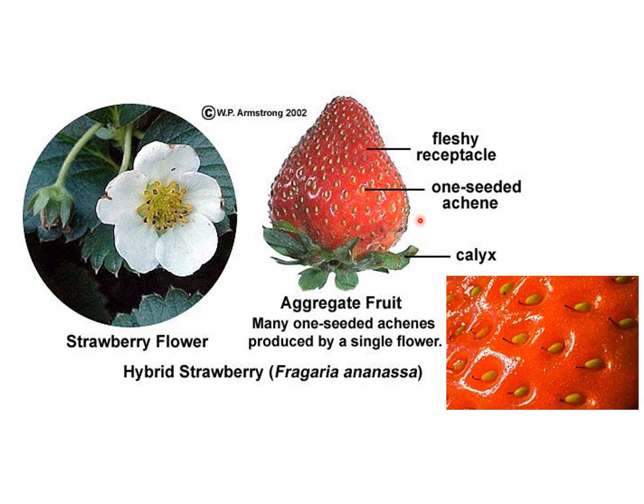So the fruit of strawberry is quite unique. If we consider the origin of the fruit, we call the fruit of strawberry aggregate. But if we consider the pericarp of the fruitlet, it is an achene, it is a dry fruit.